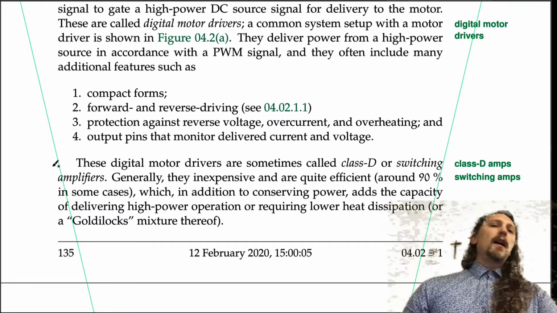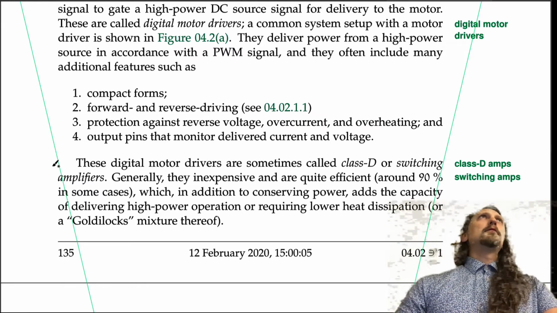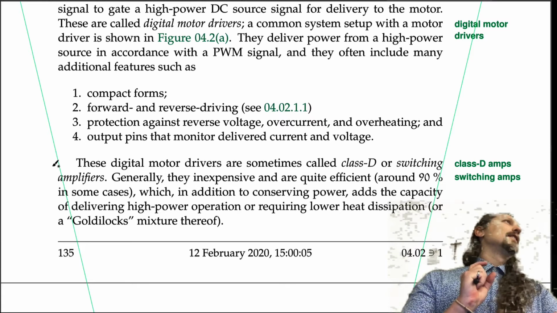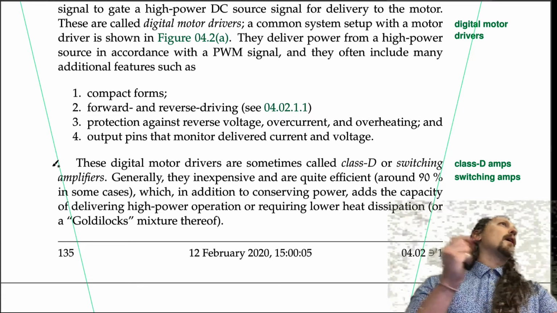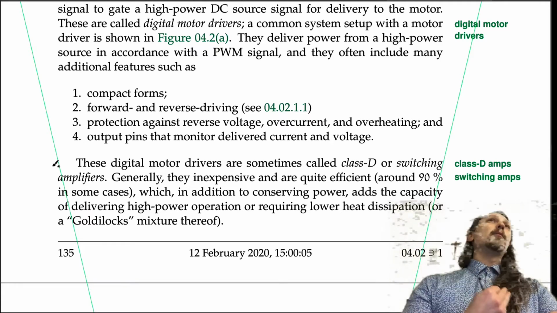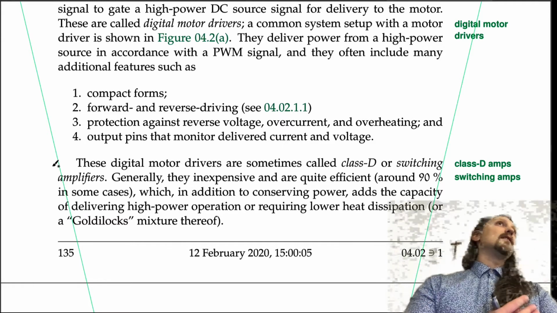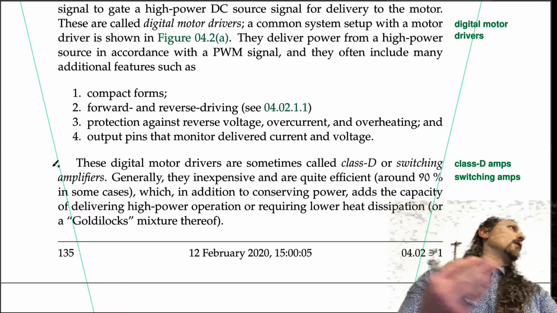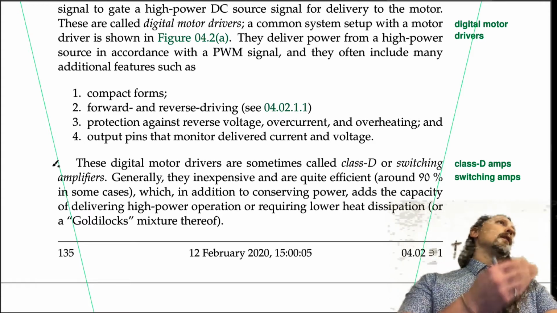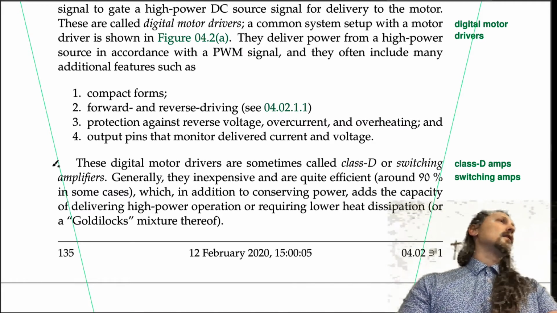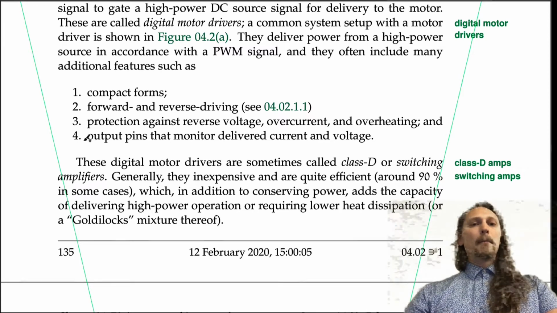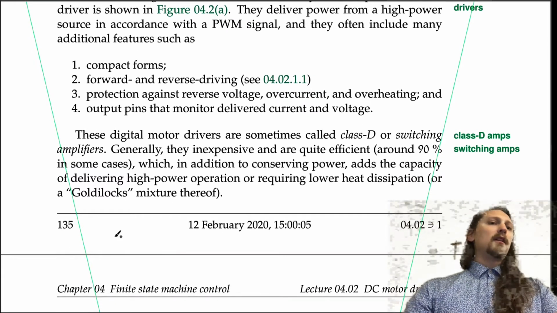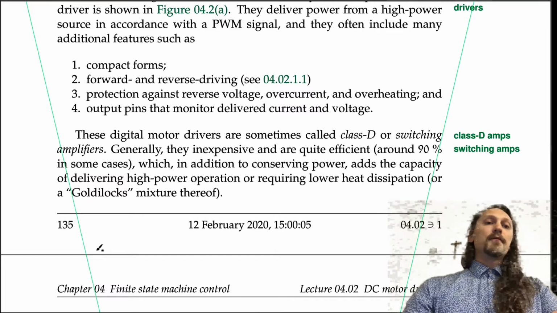So a lot of these come with nice extras that are not just about delivering power to the motor. They tell you what's going on in the motor, and they protect the circuit from damaging your microcontroller or the power electronics. So really nice. And they come as integrated circuits and can be relatively inexpensive.